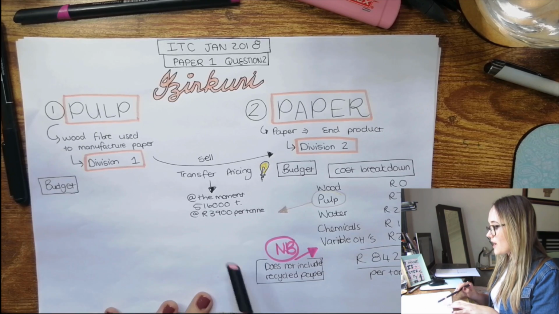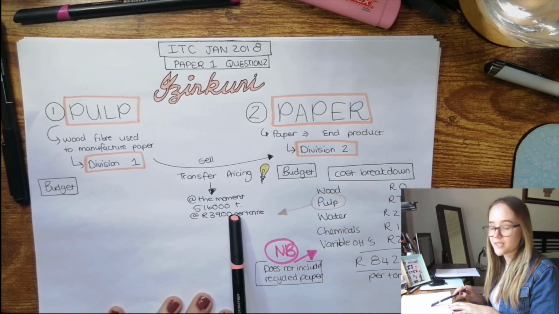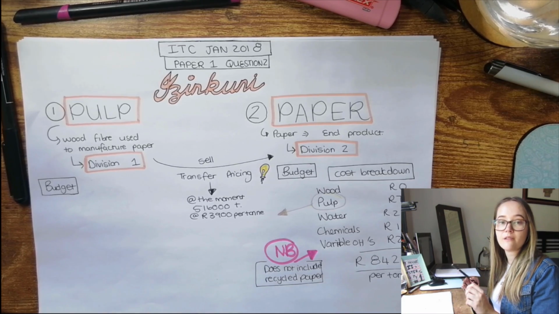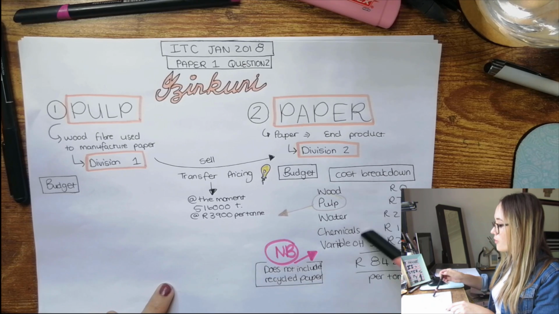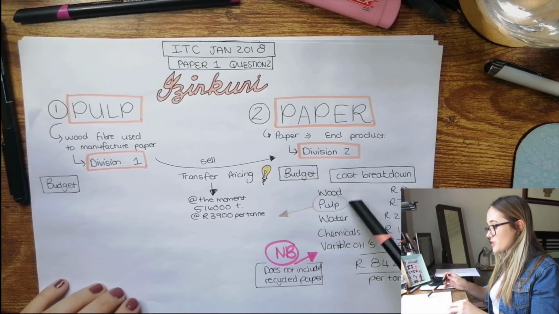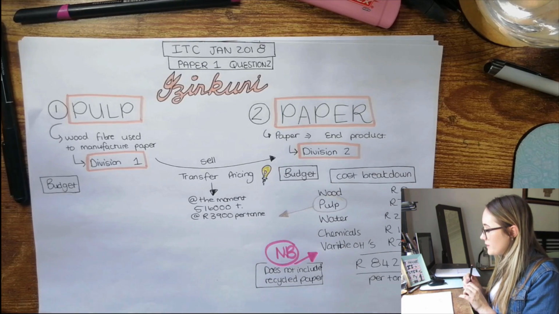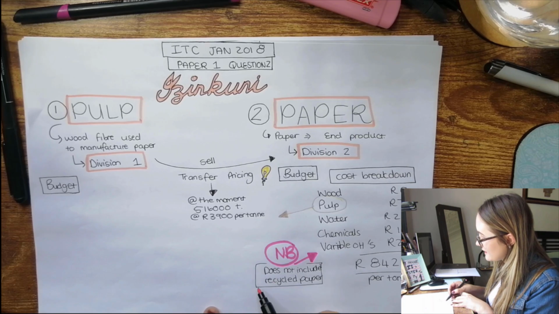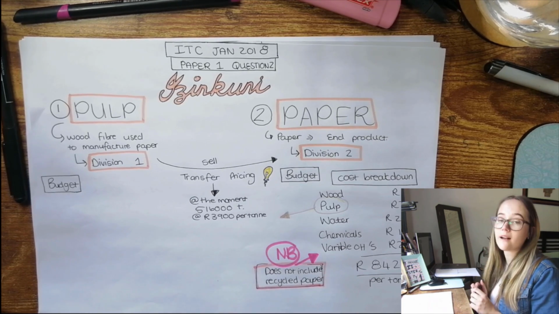Just note, transfer pricing is a separate video, so you just have to click on the link below for that. Right, so at the moment they're saying we're selling 516,000 tons at 3,900 Rand per ton. And then they give you a cost breakdown for this paper division that you're working with. Okay, now we're going to do question 2A, which only focuses on the paper division. Very important to note is that in this question at the moment, we are not using any recycled paper.